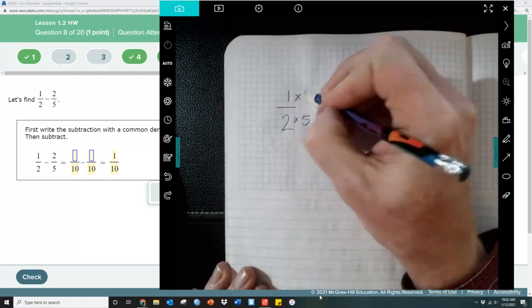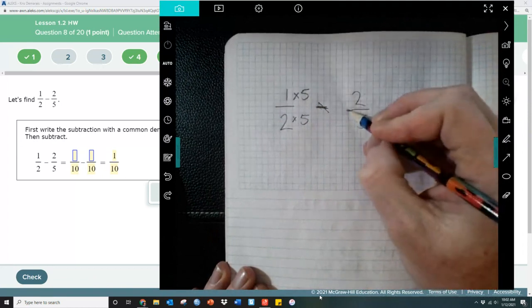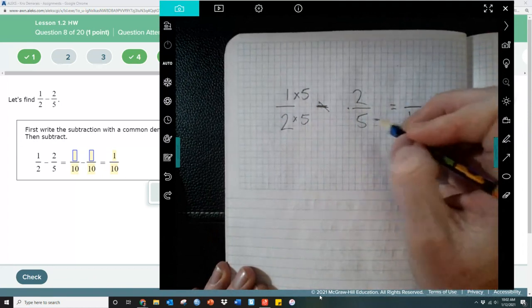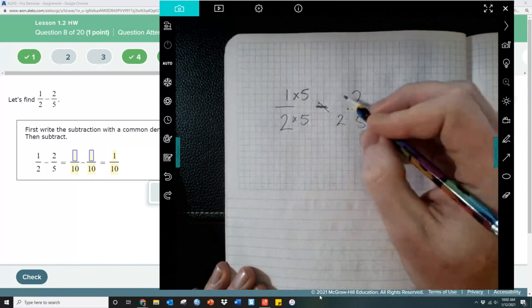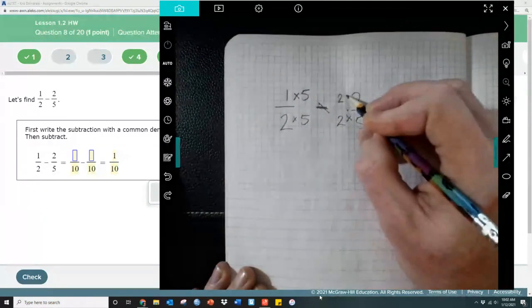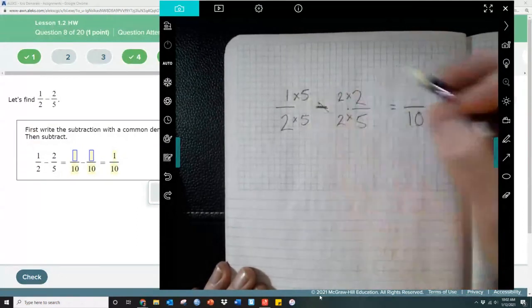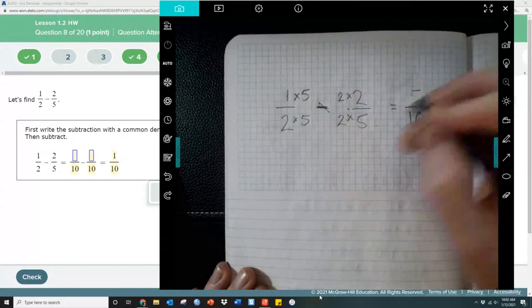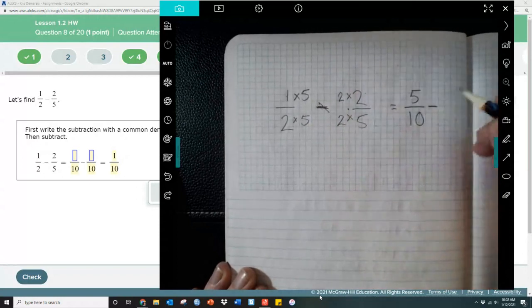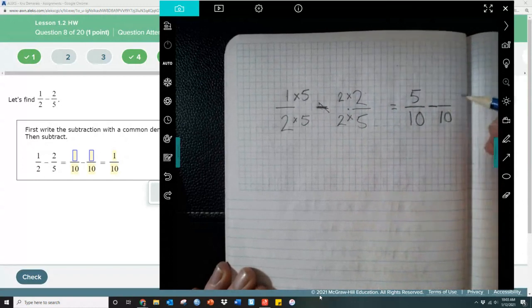But what I do to the bottom, I must do to the top. Likewise, in order to get this to be 10, I would multiply this by 2. And whatever I do to the bottom, I do to the top. So therefore, I have 1 times 5 is going to give me 5. And then I have the minus sign. And then 2 times 5 obviously is giving me that 10, which is what I needed.